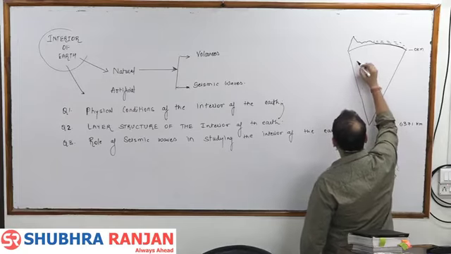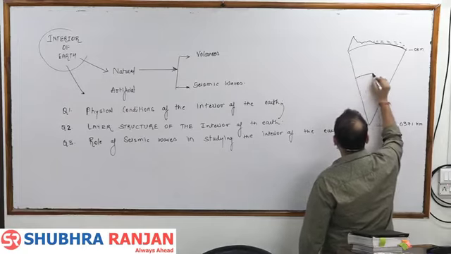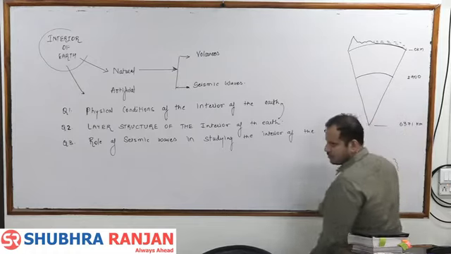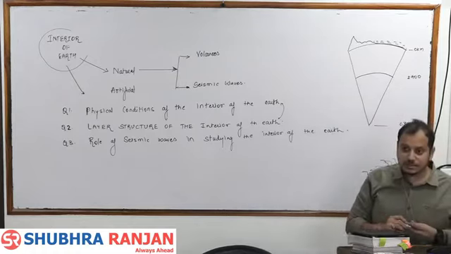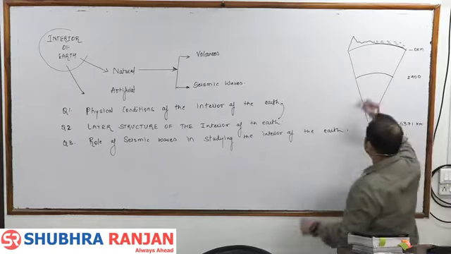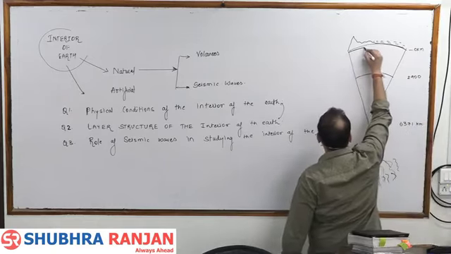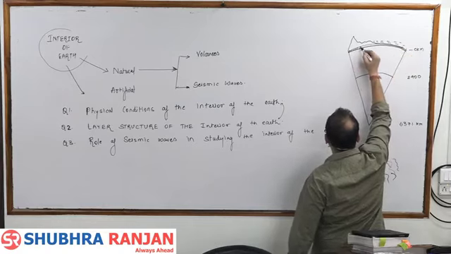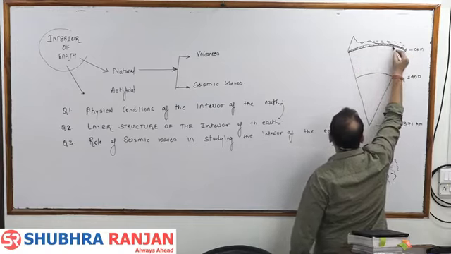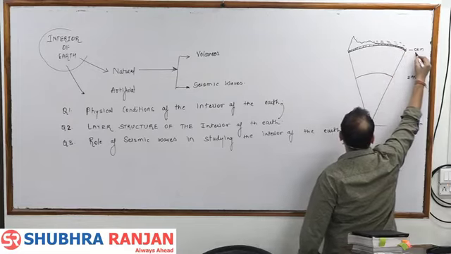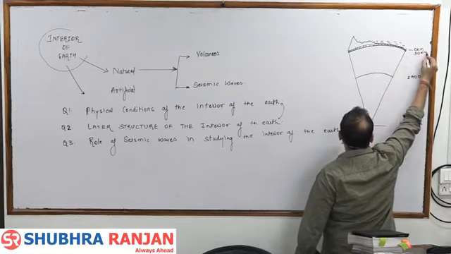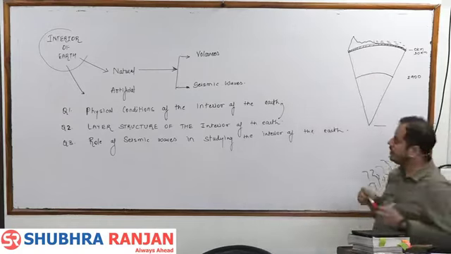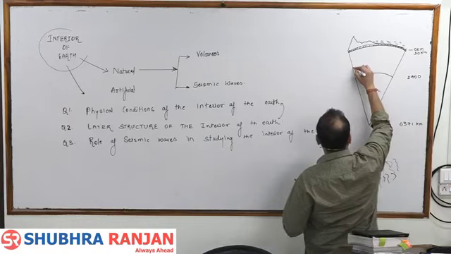After that, 2900 kilometers. Till the 2900 kilometers is the mantle. No need of drawing this diagram. Zero to 30 kilometers is the crust. Fine. And then inside the mantle, there is a difference.